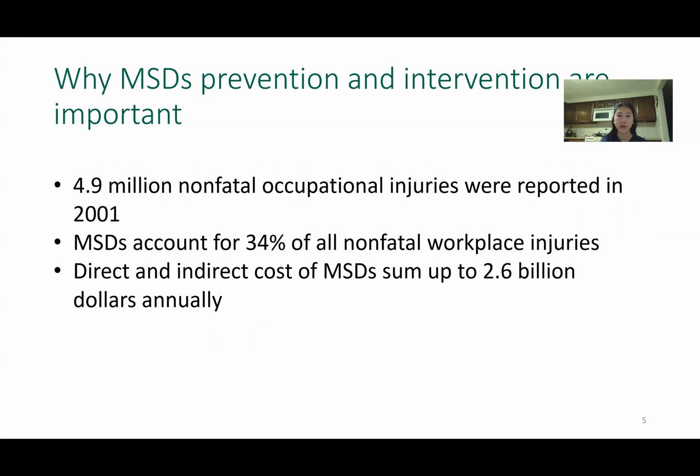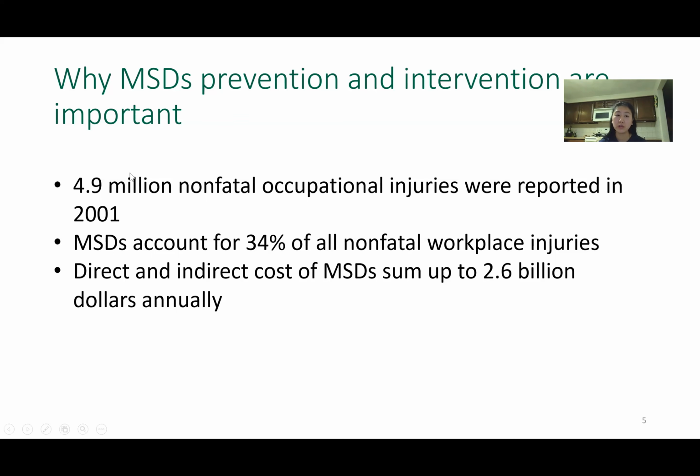So let's move on. Here I'll use some stats to discuss why MSD prevention and intervention are important, as a continuation of the previous 2 slides. I'm sure there's new data being published right now, but as far as I can find, in 2001, 4.9 million non-fatal occupational injuries were reported.